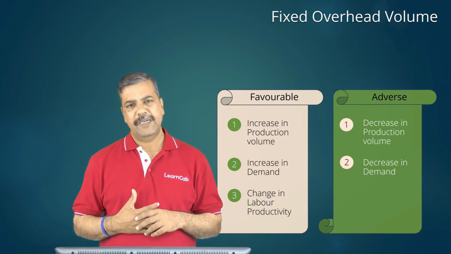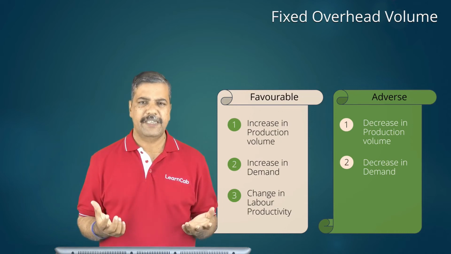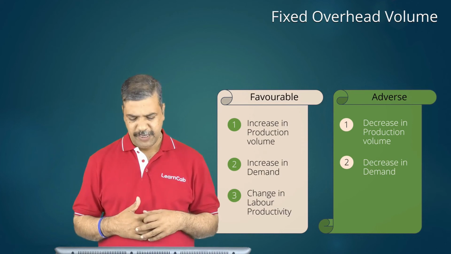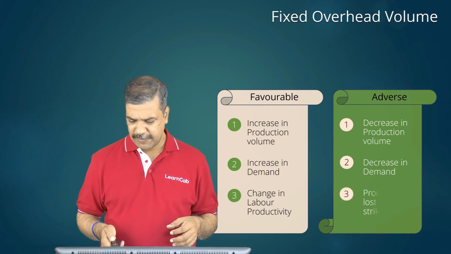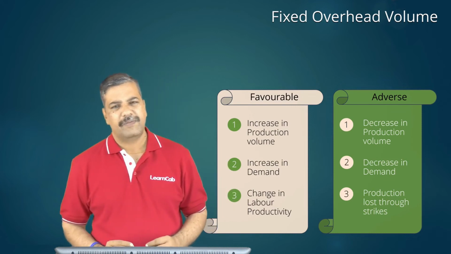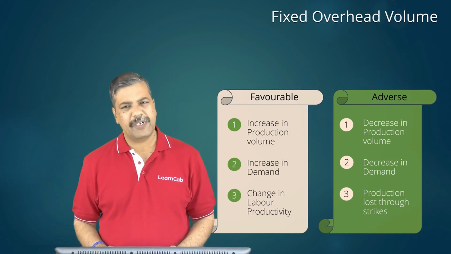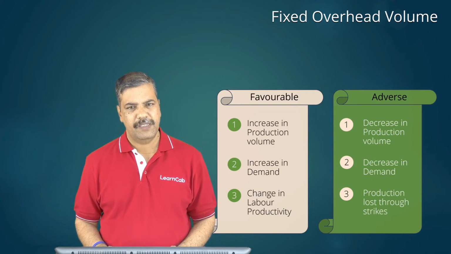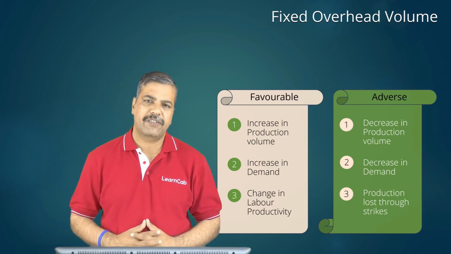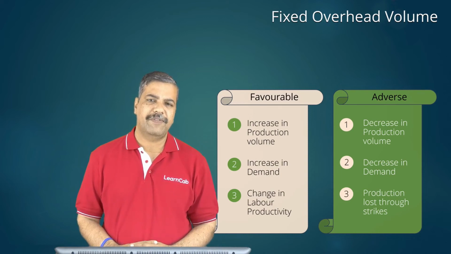See, the ultimate thing is that fixed cost is incurred irrespective of whatever you do, so it has nothing to do with any other factors in the process. But what is this change in labor productivity and production loss through strikes? If the labor productivity is increasing over a period of time, then fixed costs are getting recovered at a much faster rate.